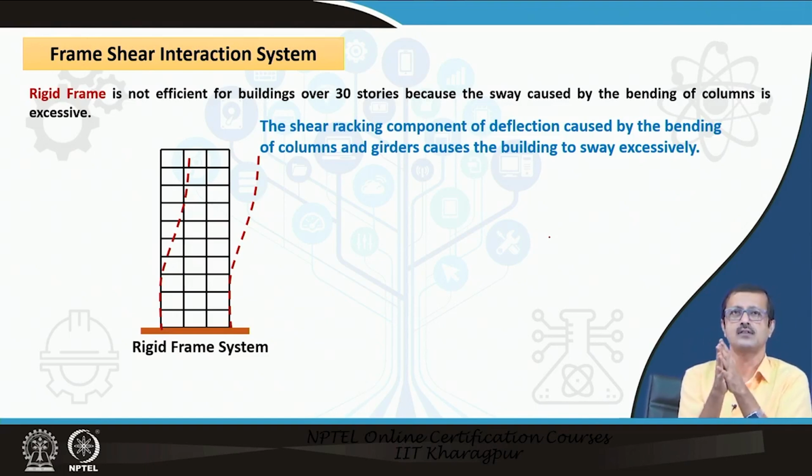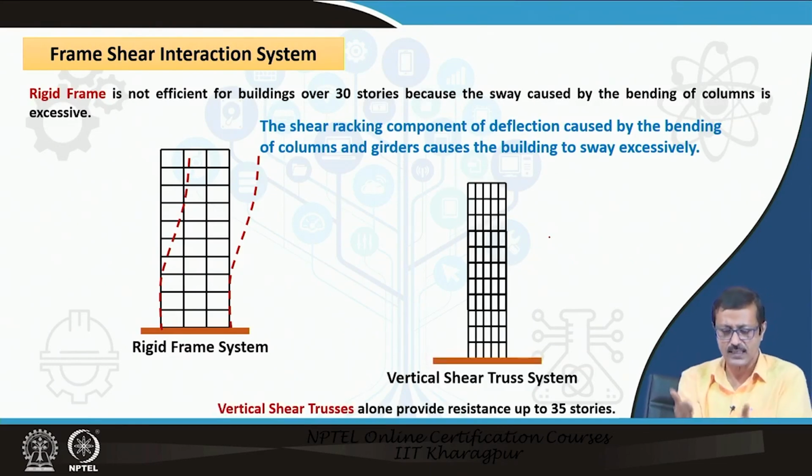To stop that, you have to make more rigid frames, which is sometimes uneconomical. Another type is the vertical shear truss, which I have also told you about. It is rigid and controls sway because of its depth and height criteria, and it acts as a shear wall.